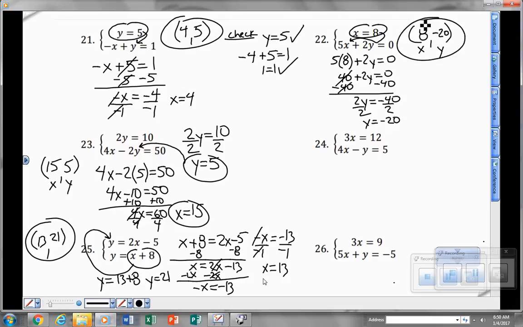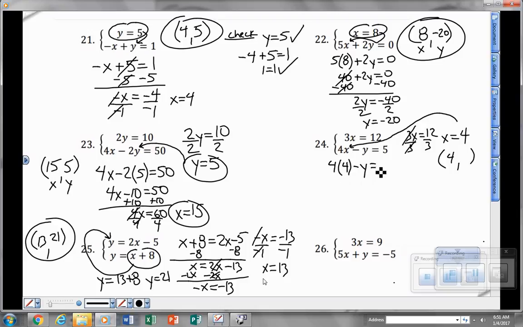All right, second to last problem. This one, again, I need to solve one of the equations for x or y. So I'm going to solve this one for x. It gives me x equals 4. I'm going to take that 4 and substitute it into x in the other equation. So where that x used to be, I'm going to plug in a 4. That original 4 is still going to be there, only that x number changes.